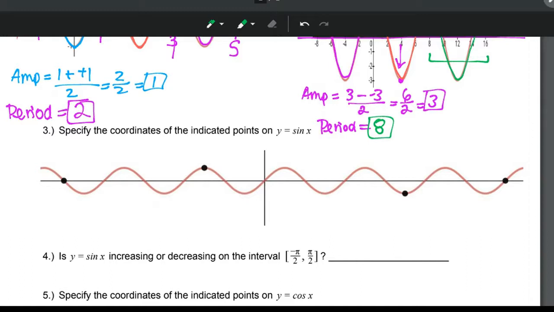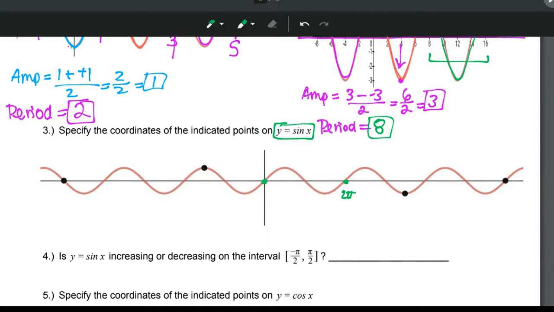In number 3, it tells me specifically that we are dealing with a sine function, and so we have to think of this as a sine function. And so we know that our sine function starts at 0, 0. And according to just y equals sine of x, no manipulation to the equation, it should have a period of 2 pi.